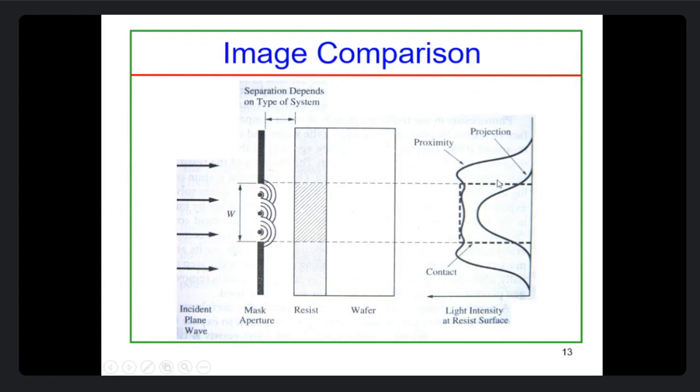In case of projection printing, see how the image looks. Basically it's the light intensity with respect to position. See how the intensity of the image varies when it is compared with respect to the proximity, how the image is basically dispersed.